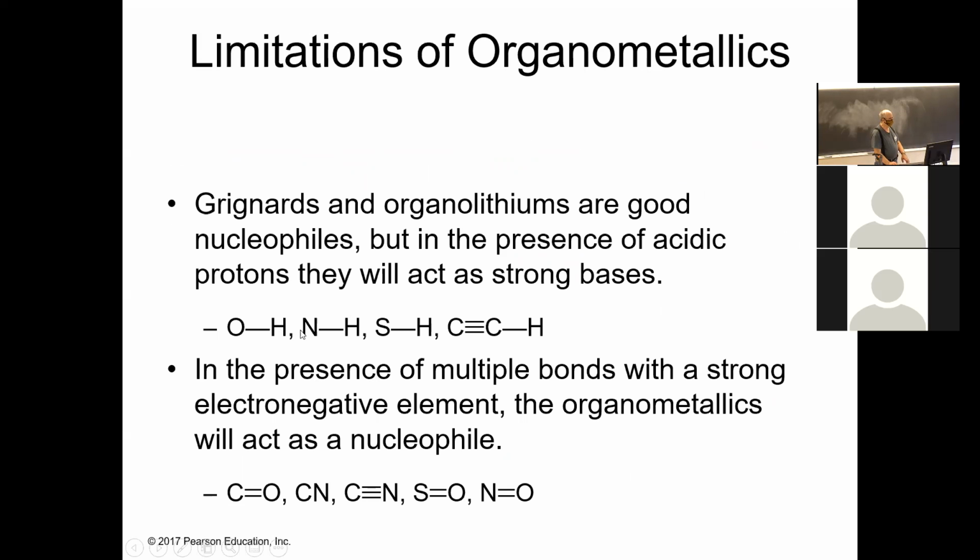None of our compounds can contain any of these acidic hydrogens: OH, NH, SH, or terminal alkyne. You also have to avoid other carbonyls, nitriles, S=O double bonds, or N=O double bonds, unless the carbonyl or the nitrile is something you want to add to.